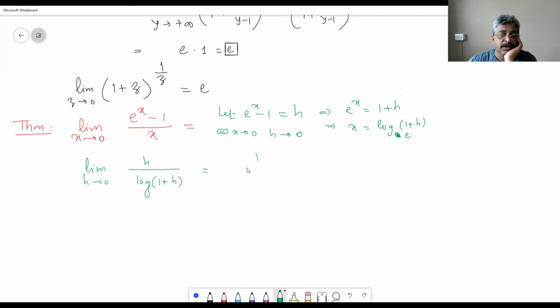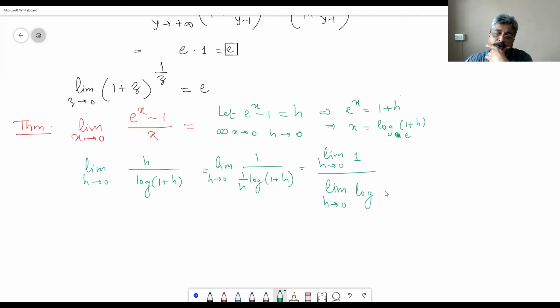is equal to 1 upon h log 1 plus h, limit h tends to 0, which is equal to 1 upon limit h tends to 0 log 1 plus h raised to 1 upon h, which is equal to 1 divided by log of limit 1 plus h raised to 1 over h, h tending to 0.